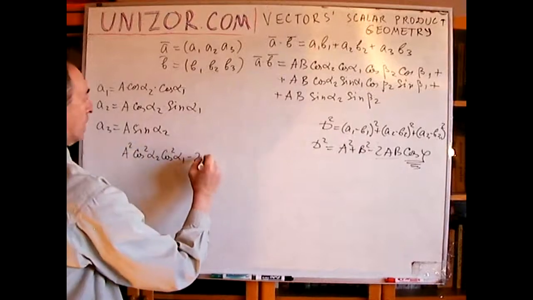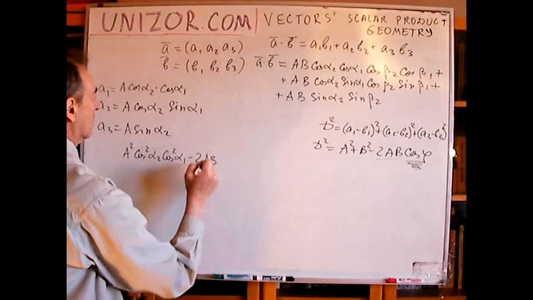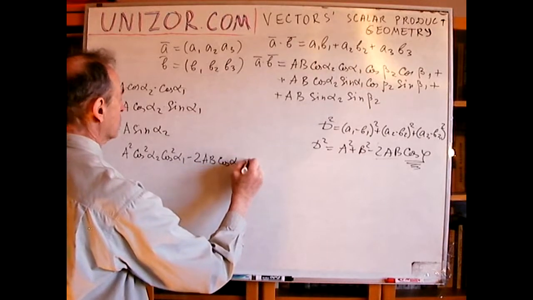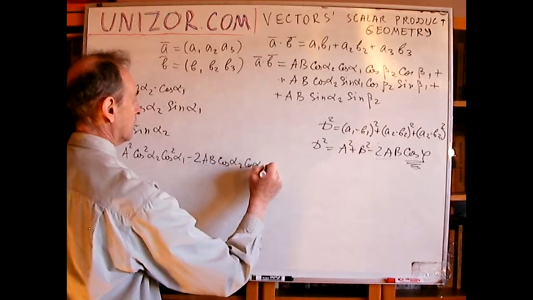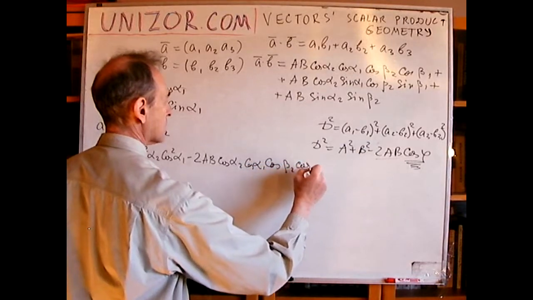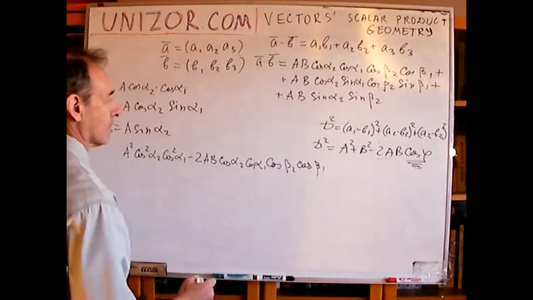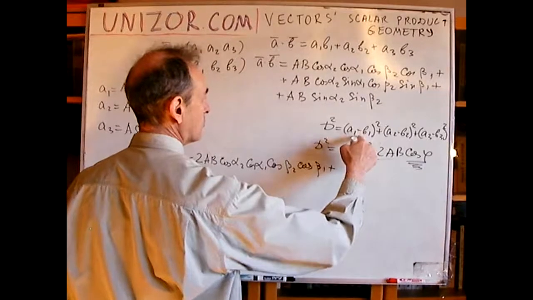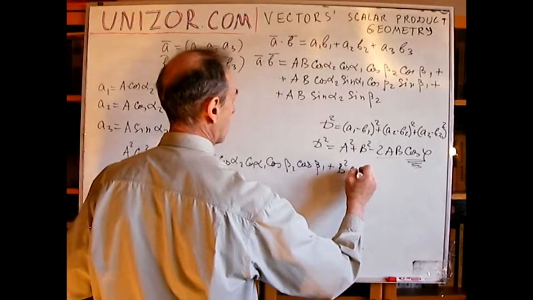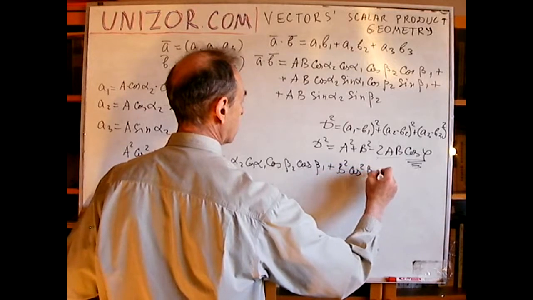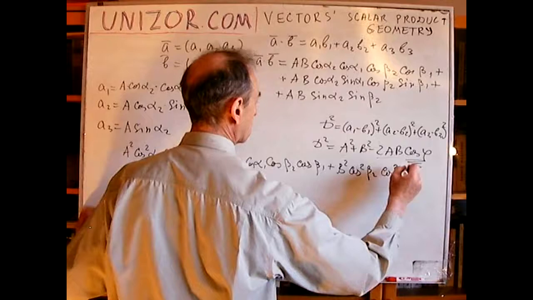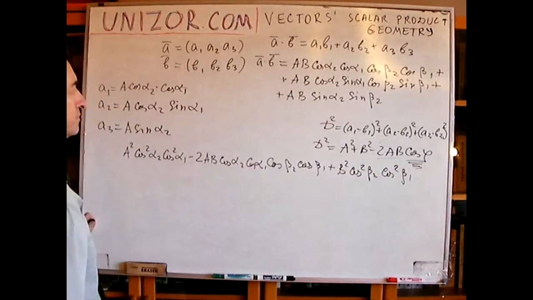A1 times B1 would be AB cosine alpha 2, cosine alpha 1, cosine beta 2 and cosine beta 1, and plus B1 squared, which is B squared cosine squared beta 2 and cosine squared beta 1. That's the first.